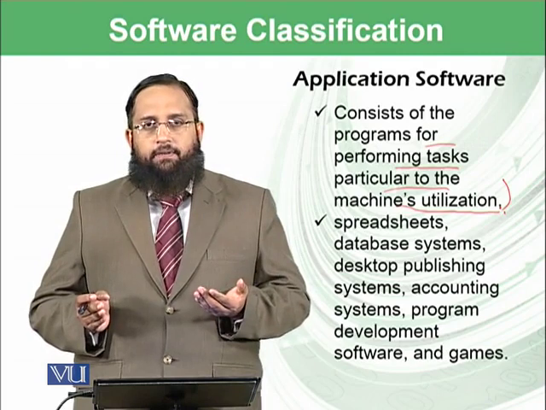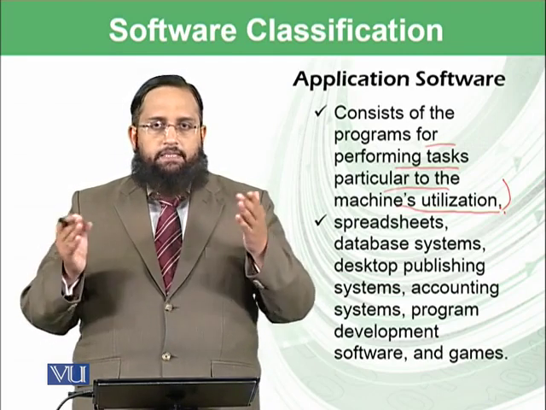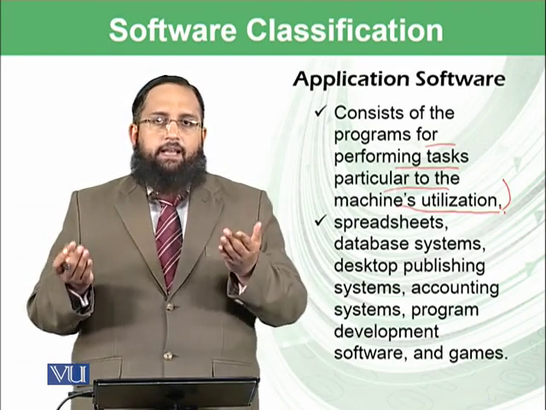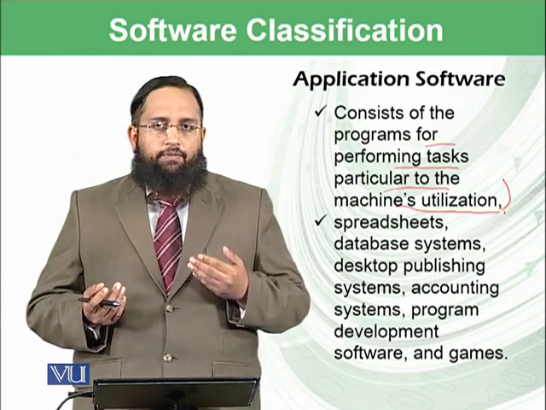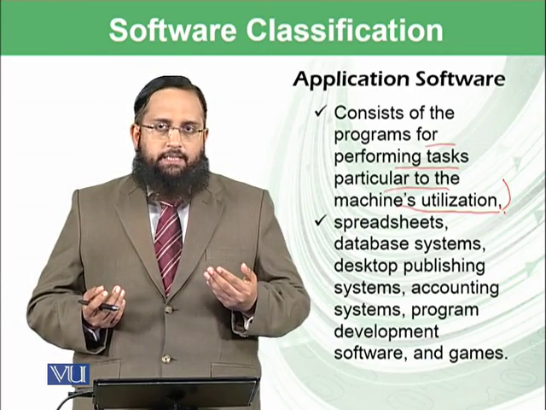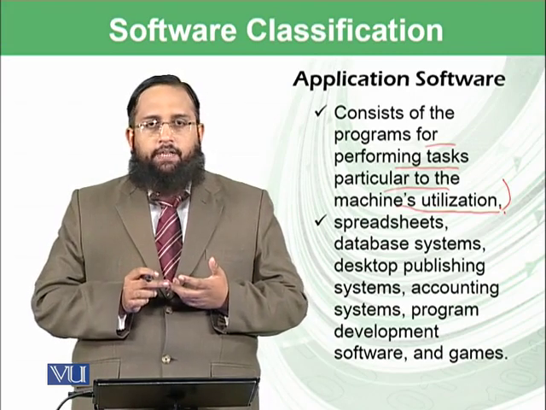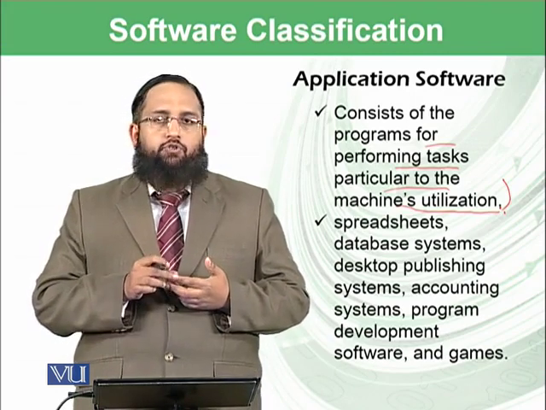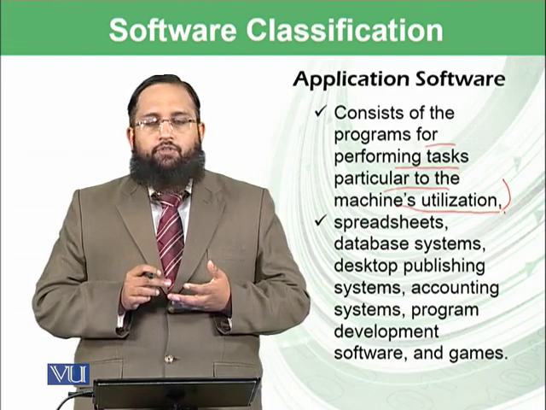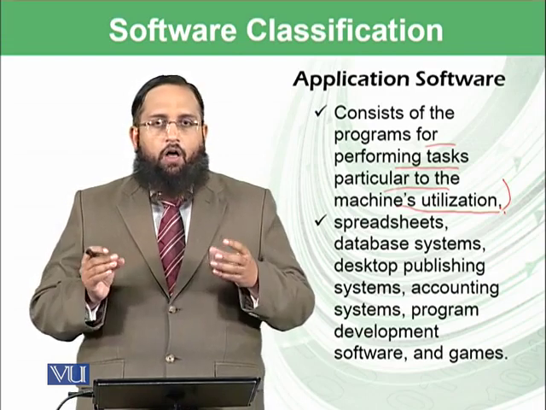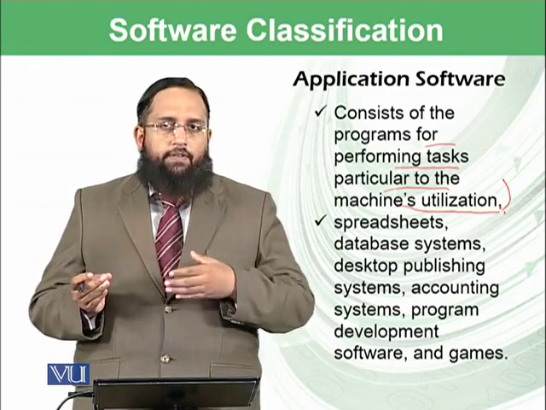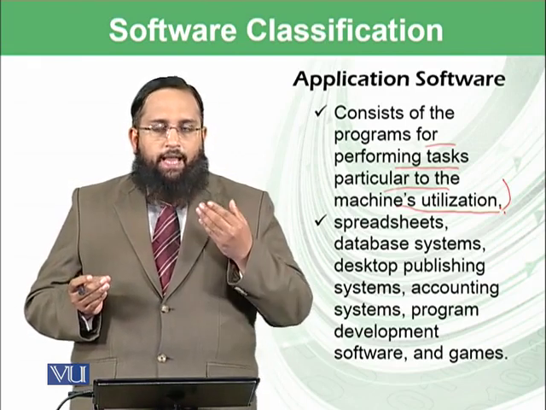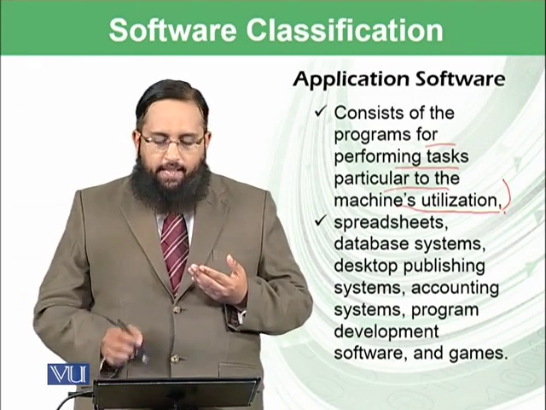For example, if a company has purchased a computer, the company's requirement is that the computer should calculate their profit, store their data, and retrieve their data. All of these are examples of their requirements and machine utilization.